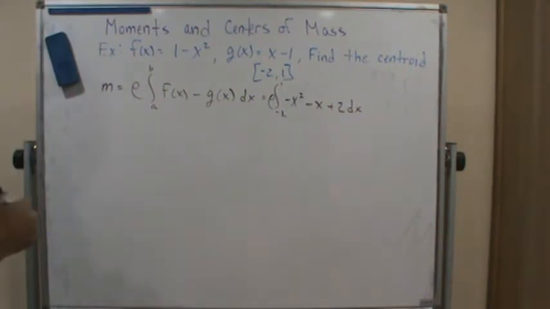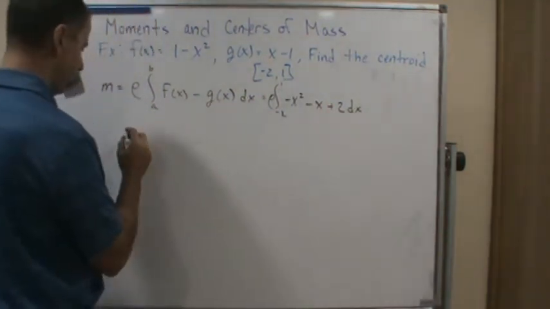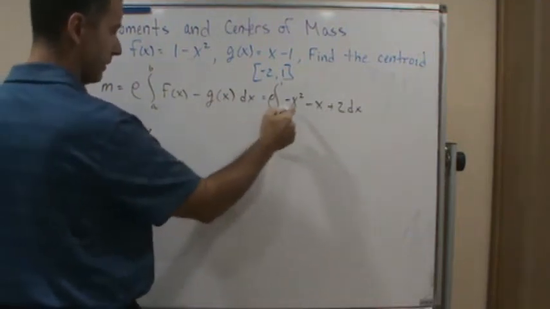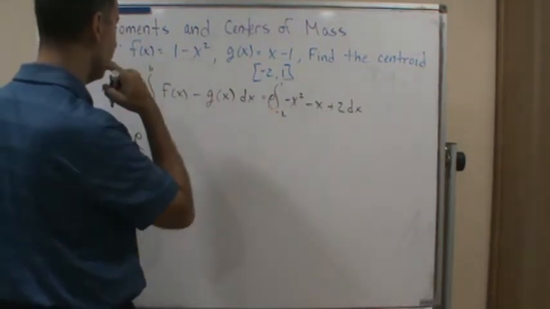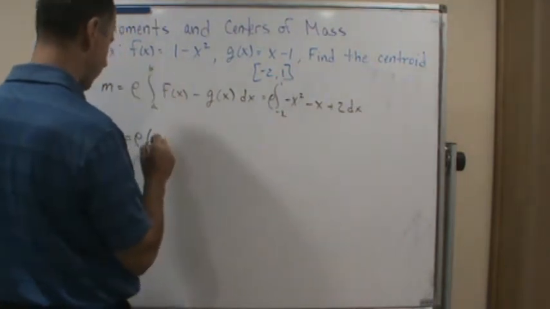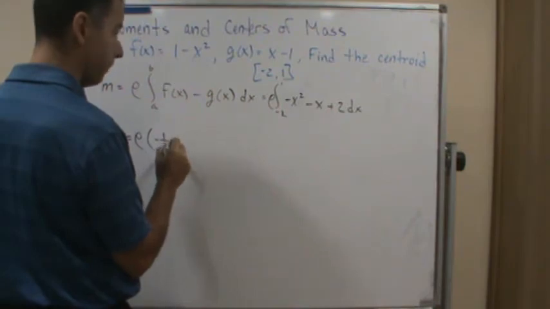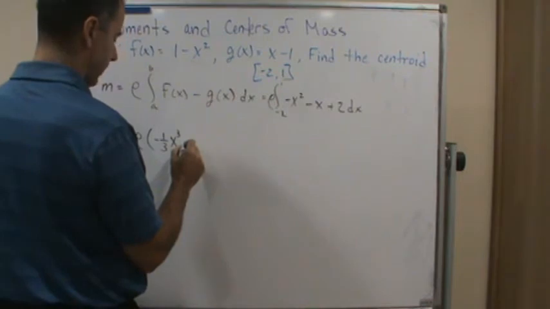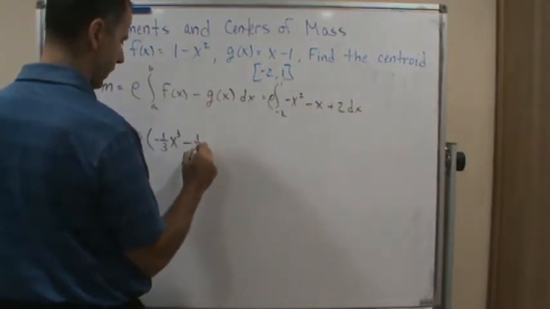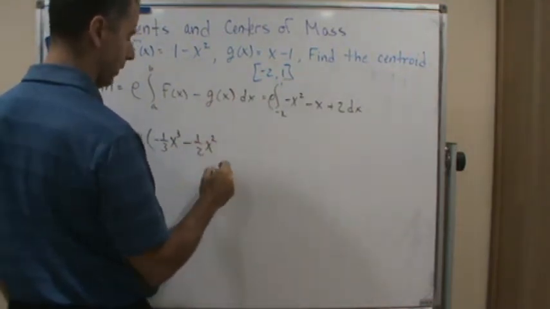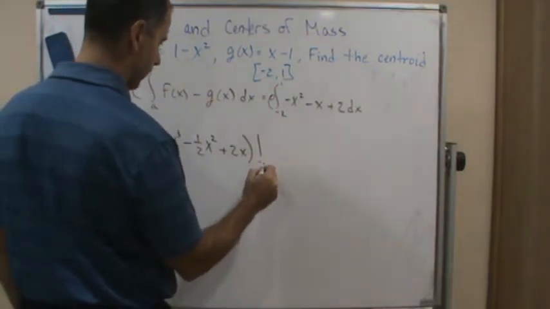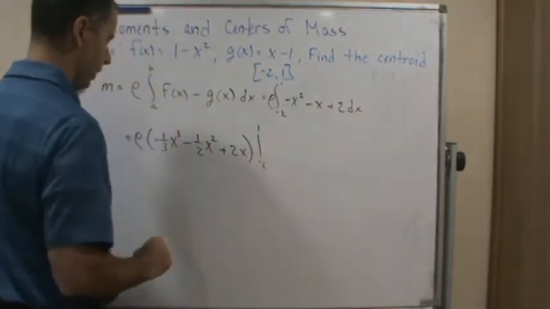So now we're going to integrate this. If we integrate this, we get rho, and then this is going to give us a negative 1/3 x cubed, and this is going to give us minus 1/2 x squared plus 2x, evaluated from -2 to 1.